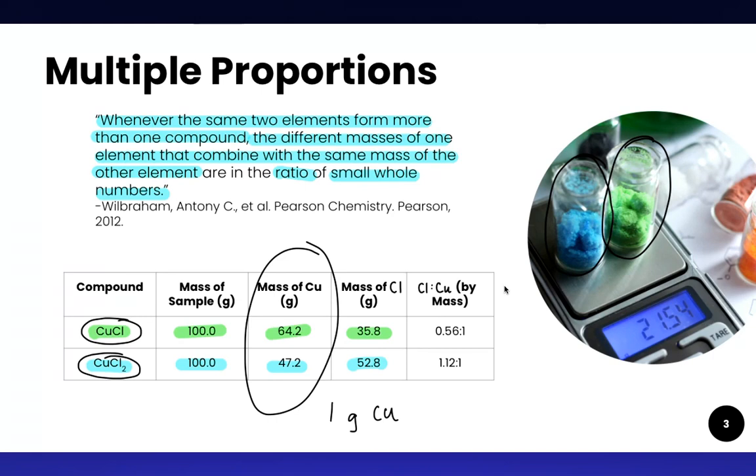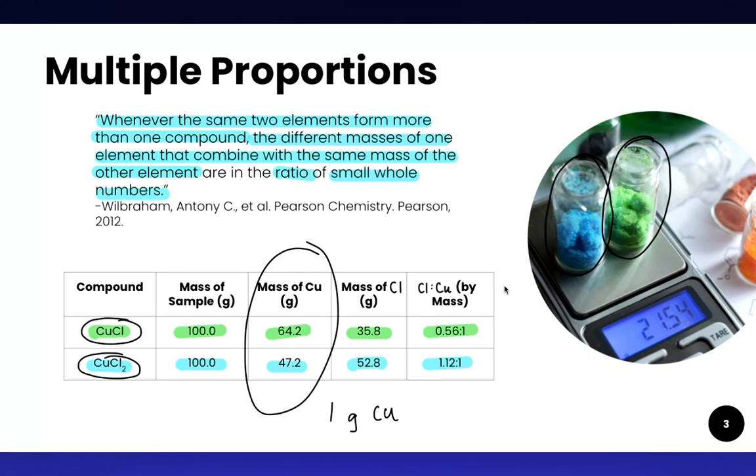And the way that we're going to do this is using the ratio on the last column. So that's a ratio of chlorine to copper by mass. So there's 0.56 grams of chlorine for every 1 gram of copper in copper 1 chloride. And in copper 2 chloride, there's 1.12 grams of chlorine for every 1 gram of copper.